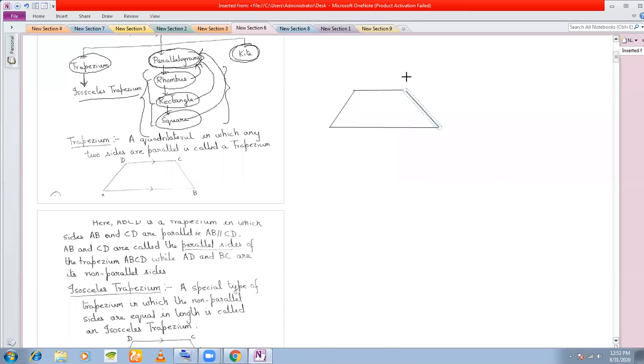This is a trapezium in which these two sides are parallel.